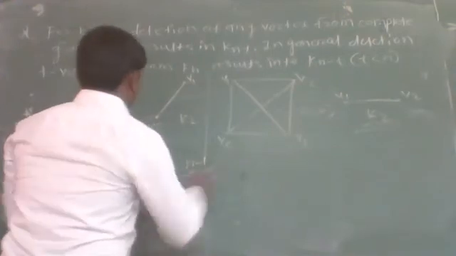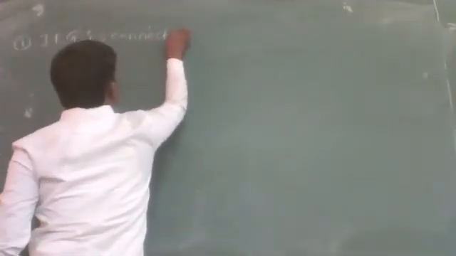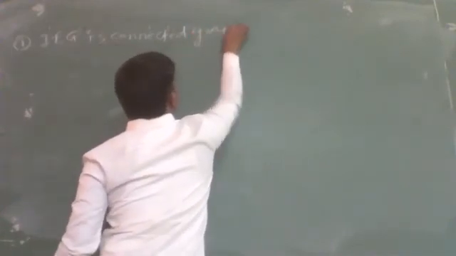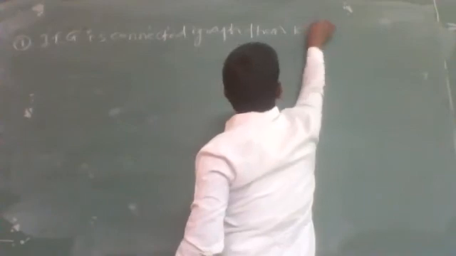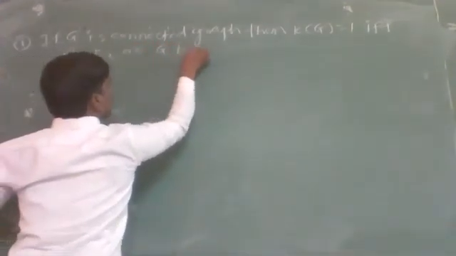Okay. Now, G is a connected graph. Then the connectivity of G will be equal to 1 if and only if G equals K2 or G has a cut vertex.